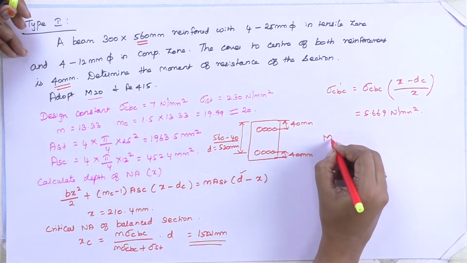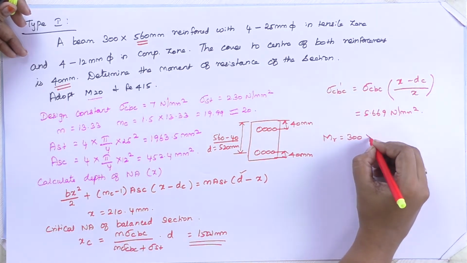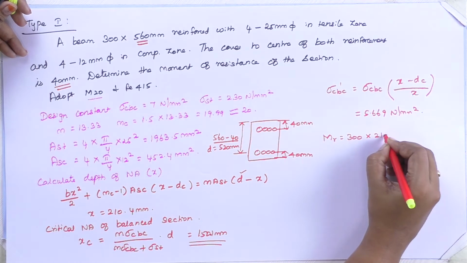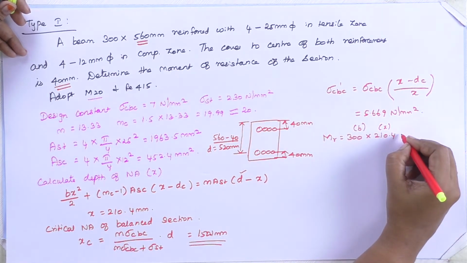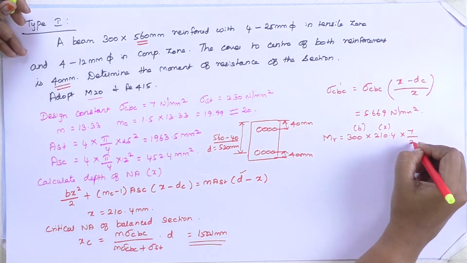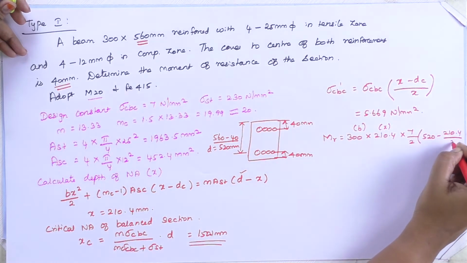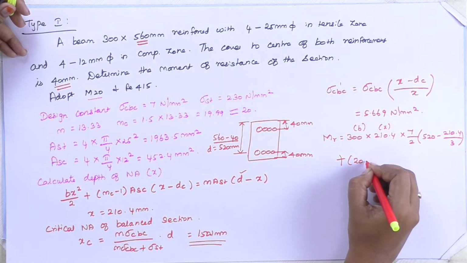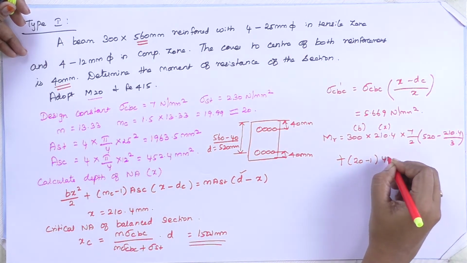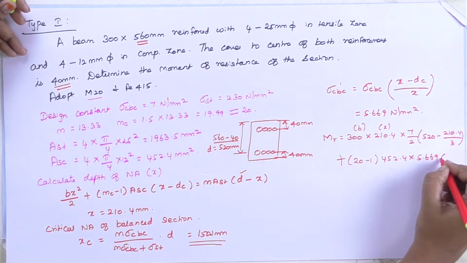Now you can calculate MR. MR is equal to b, that is 300, into 210.4, that is your x value, into 7 divided by 2, into (520 minus 210.4 divided by 3), plus (20 minus 1) into 452.4 into 5.669 into (520 minus 40).